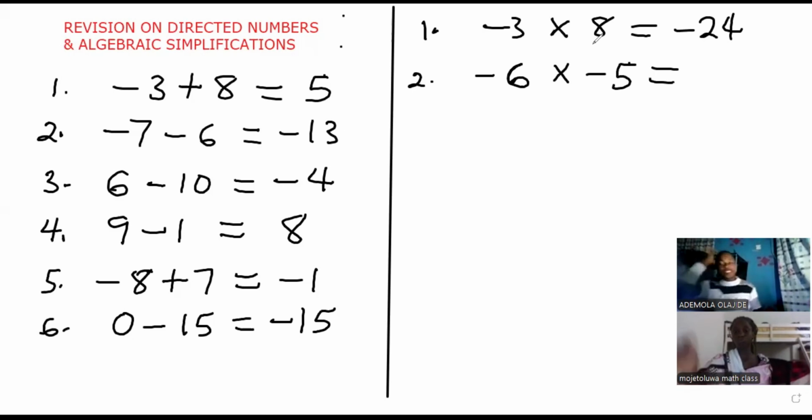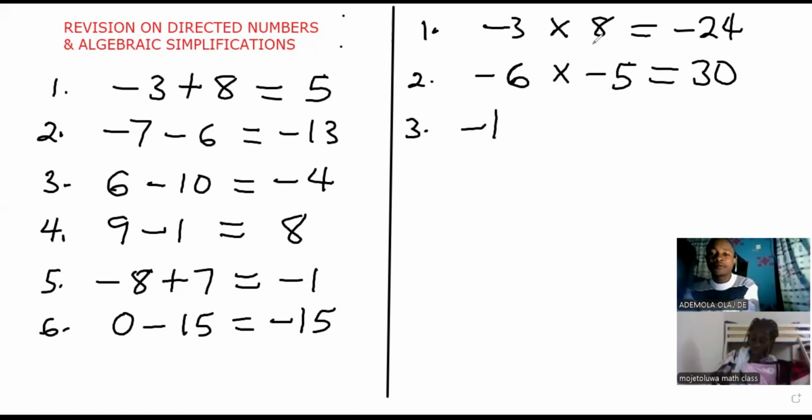What about negative 6 multiplying negative 5? That's going to be positive 40. Negative 1 multiplying 0.